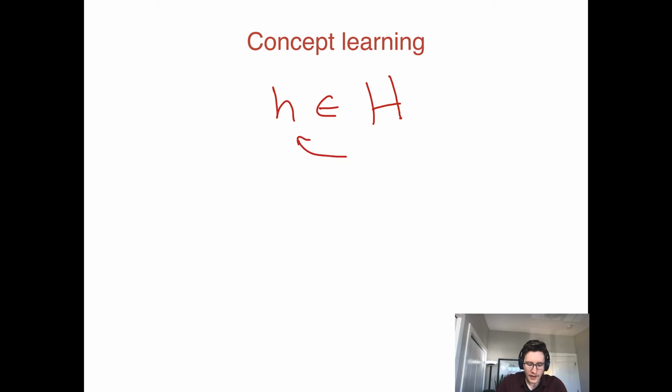For example, if we're doing classification, trying to identify dogs in photos, h is some theory about what a dog looks like in a photo, something that is probably brown with a nose and ears and whatnot.